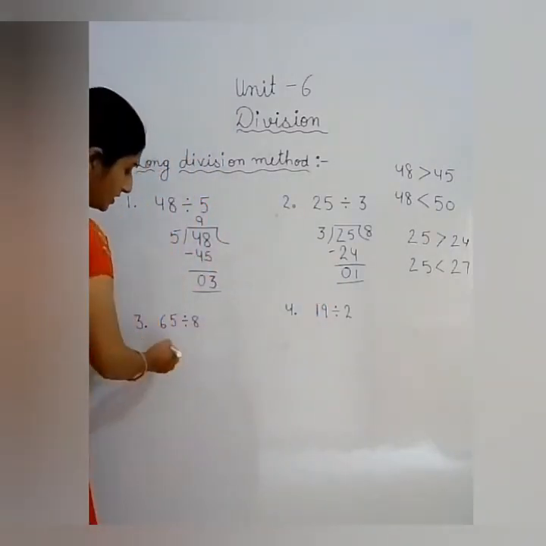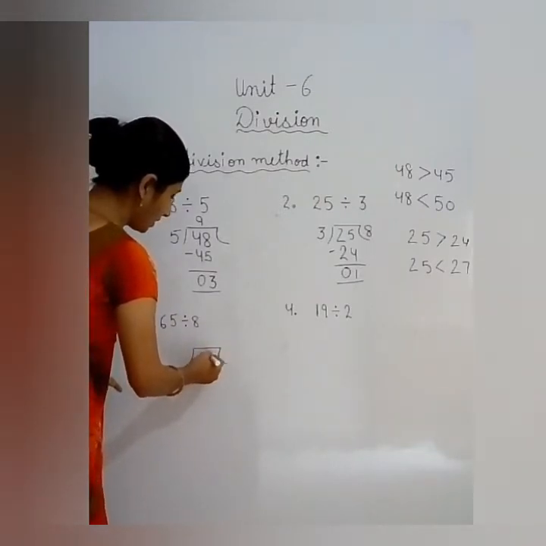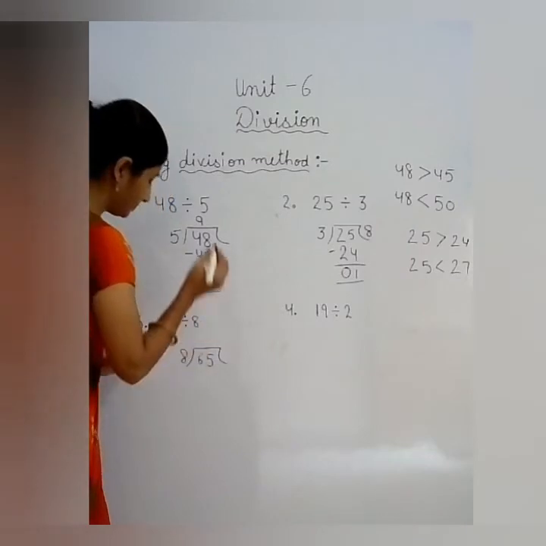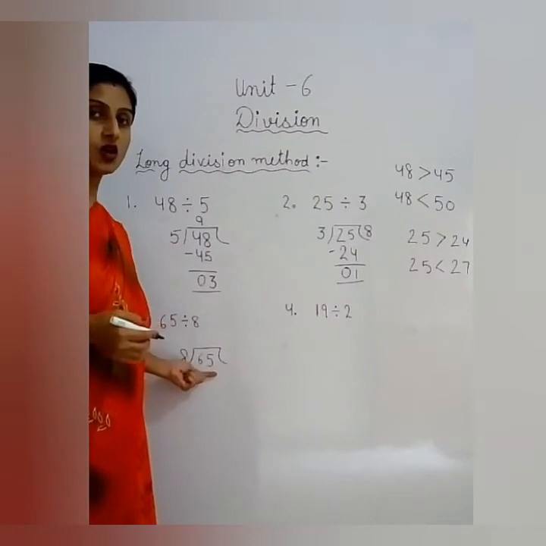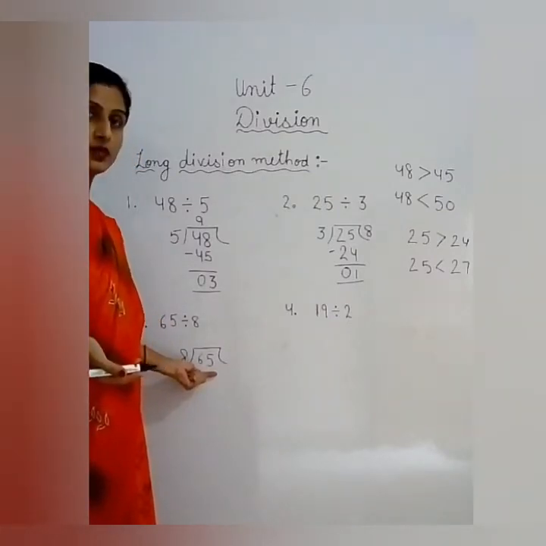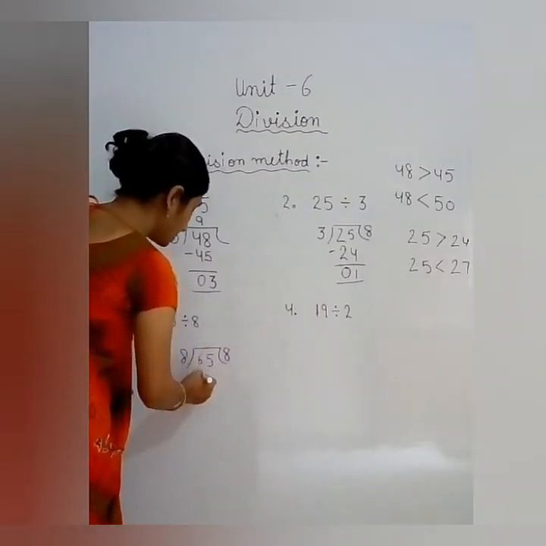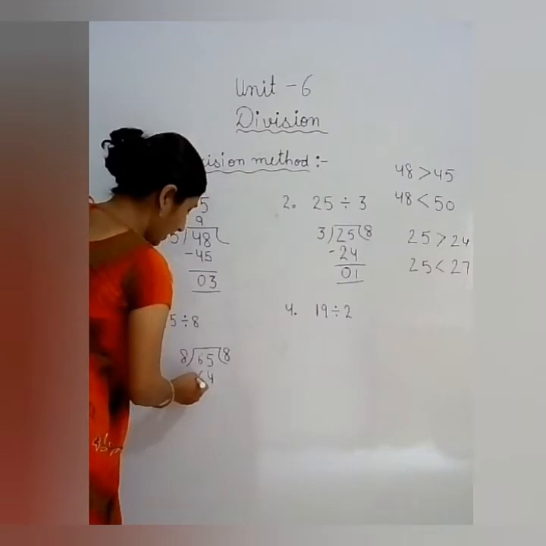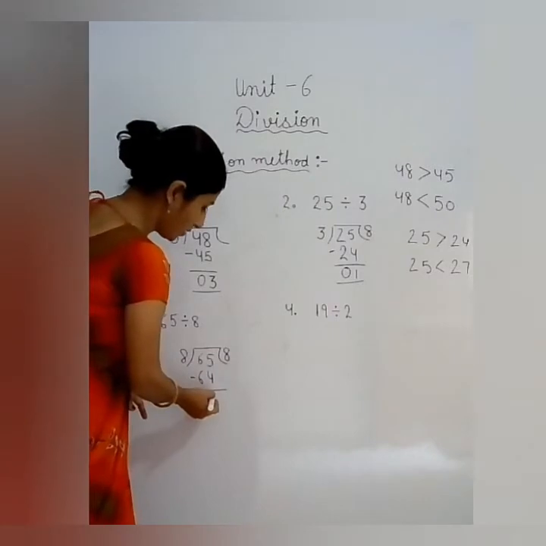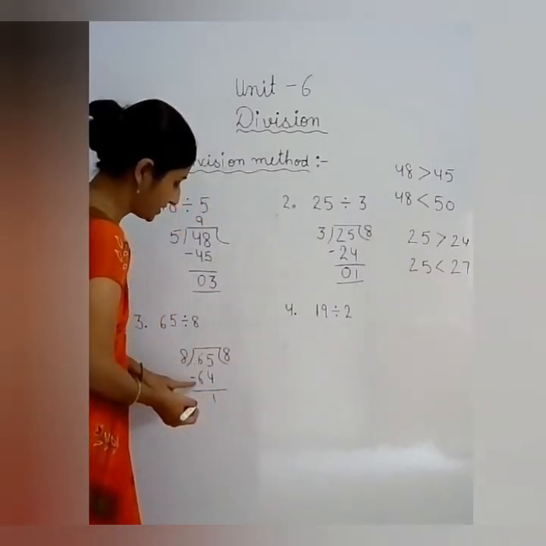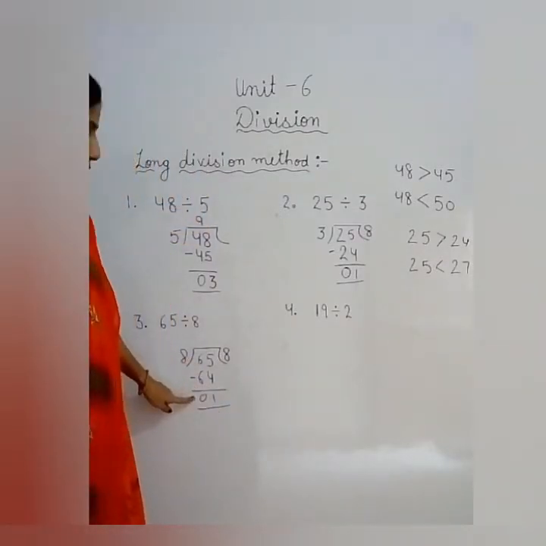See the next one. 65 divided by 8. So 65 does not come in the table of 8. So what do we do? Take a smaller number. 8 8s are 64. Sign of subtraction. 5 minus 4 is 1. 6 minus 6 is 0. So what is our remainder? 1.